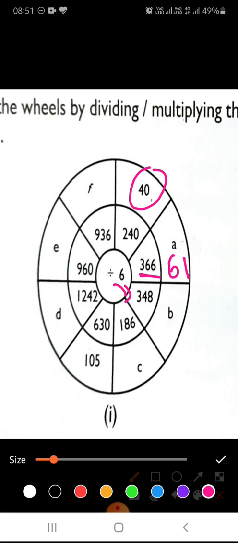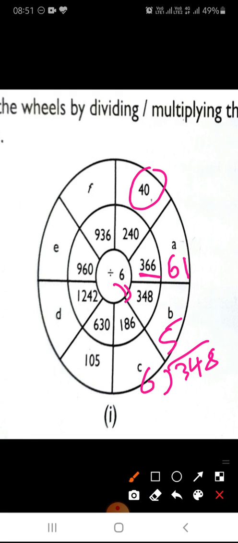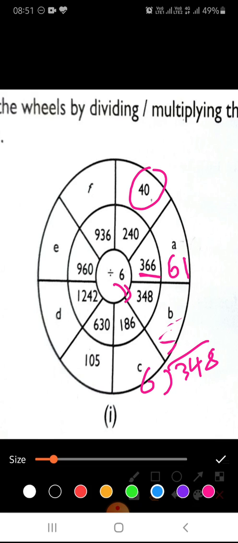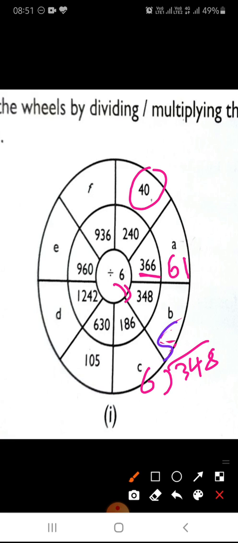Similarly, you will divide 348 by 6. So when we will divide 348 by 6, what we will get? Let's divide. 6 5s are 30, 6 4s are 24, so 6 8s are 48.